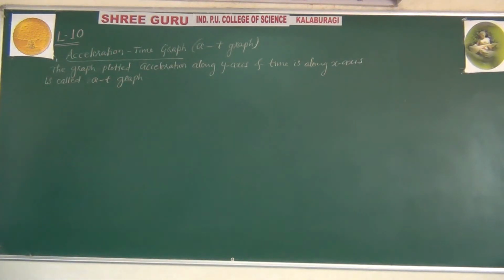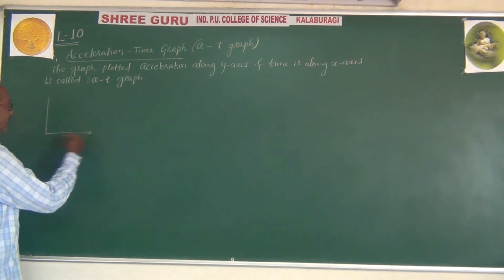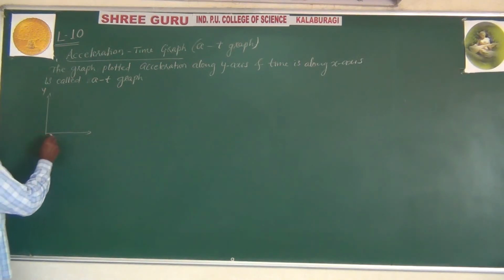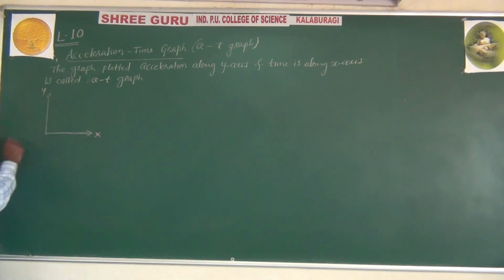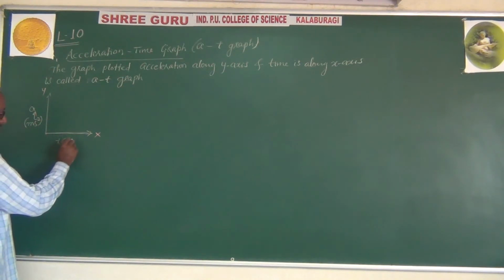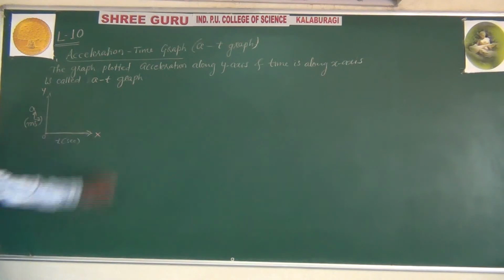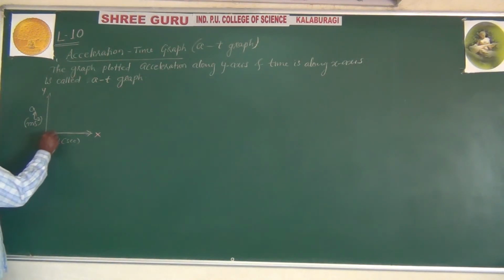So here is the curve. This is the y-axis and this one is the x-axis. Along this way, A is acceleration in terms of meter per second square. Here t is in terms of seconds. This is the origin. As you already know, this is 1 second, 2 seconds, 3 seconds, 4 seconds.